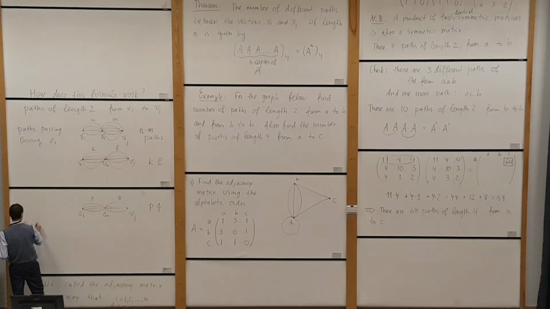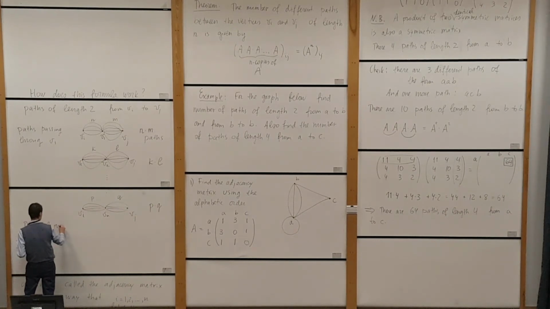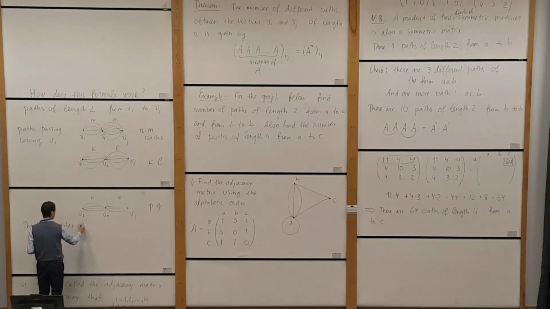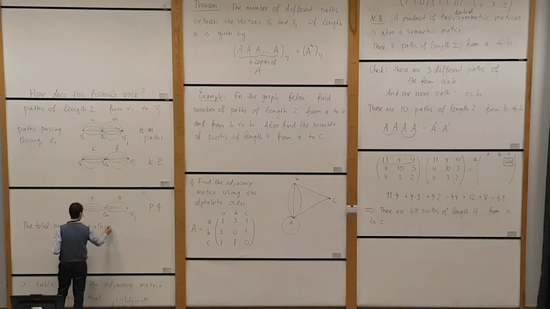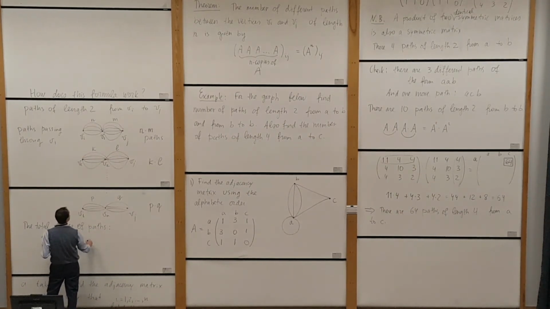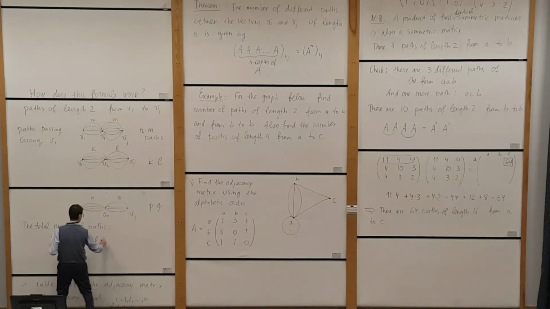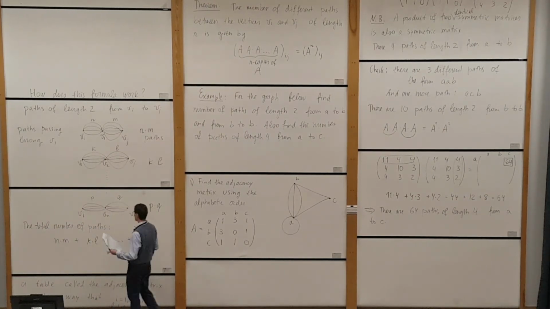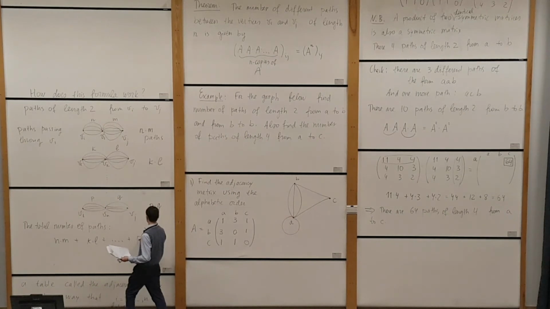So the total number of paths should be n times m plus k times l plus dot dot dot, the same products of numbers, and p times q.